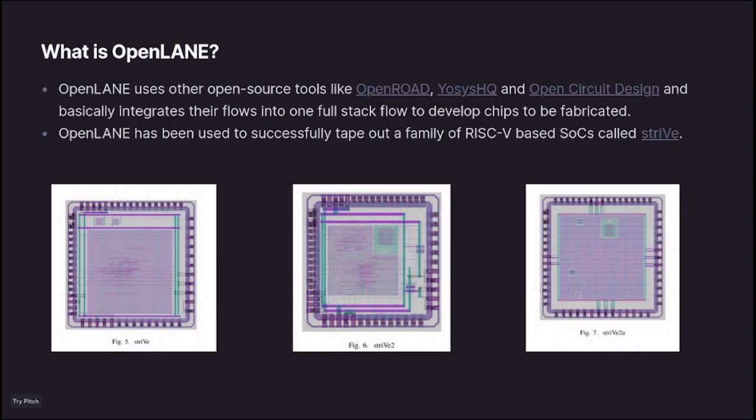So, moving on. So what is OpenLane? Continuing from what I spoke about on the previous slide, it also uses other open source tools like OpenROAD. OpenROAD is pretty much OpenLane, but a GUI version. And it's part of the same thing. And Yosys and ABC, these two are used in conjunction.